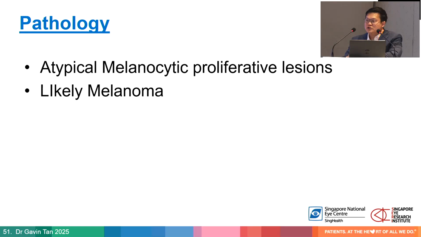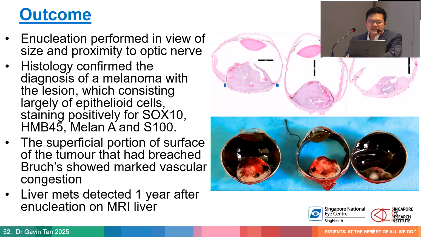So I think the conclusion from this was that it was an atypical melanocytic proliferative lesion, and the call based on that core biopsy was likely a melanoma. In view of the size, proximity and likely involvement of the optic nerve, enucleation was performed, and the histology confirmed that diagnosis.